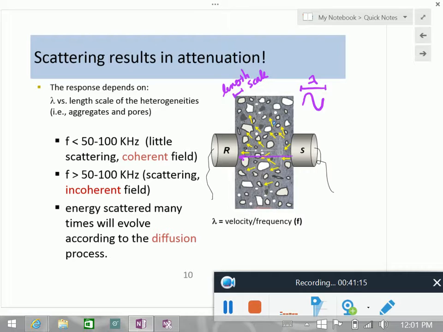Now, if you increase the frequency, what happens to the wavelength? It becomes smaller, right? Wavelength is velocity over frequency. Body wave is not dispersive, so we can assume that the velocity is pretty much the same. So what happens is that when you increase the frequency, the wavelength becomes smaller, and for the same heterogeneity, it gets more and more scattered by the heterogeneities.